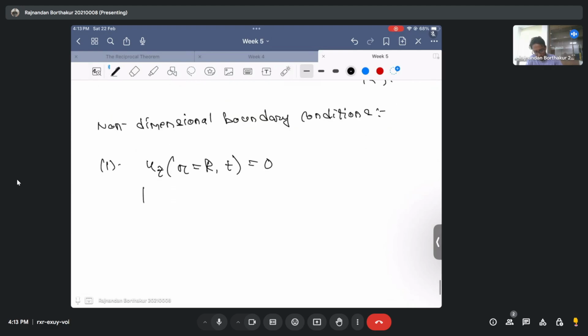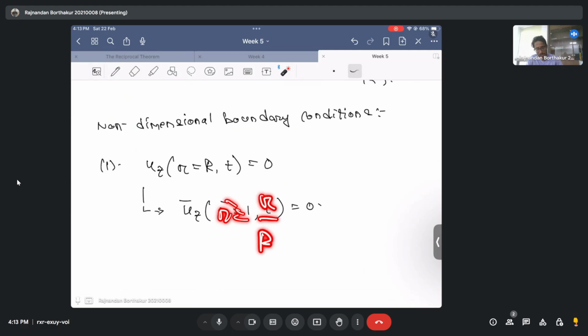The corresponding non-dimensional form is uz bar at r bar equals 1 at all t bar is equal to 0, which is just the no slip condition. This is easy to interpret, because r bar, which is r by capital R, is just 1 when r equals capital R, since my r bar is the dimensional radius divided by the radius of the pipe.